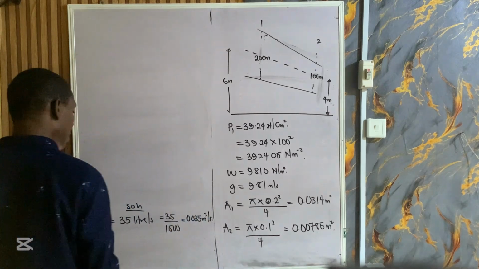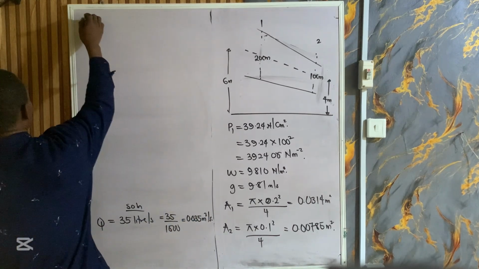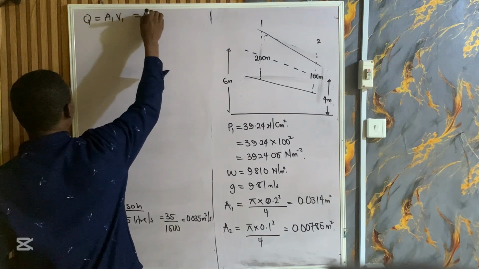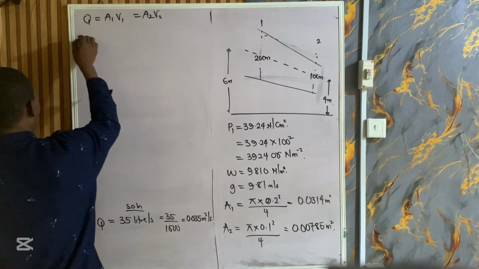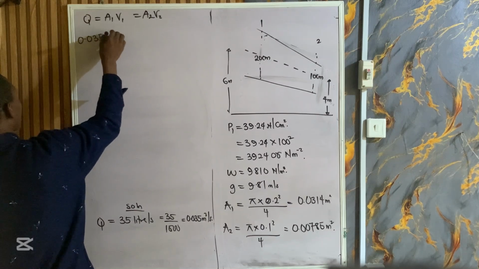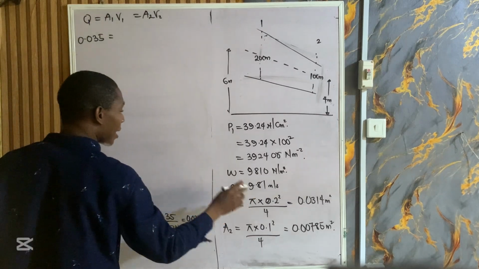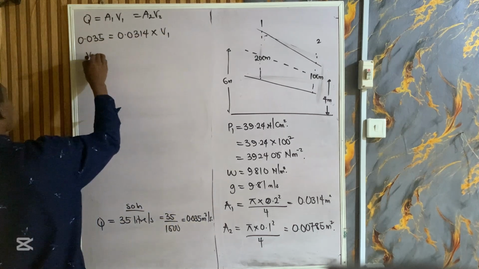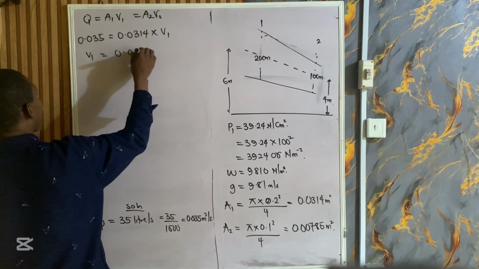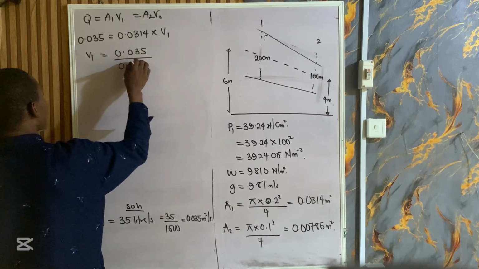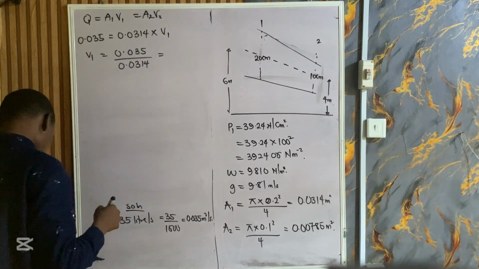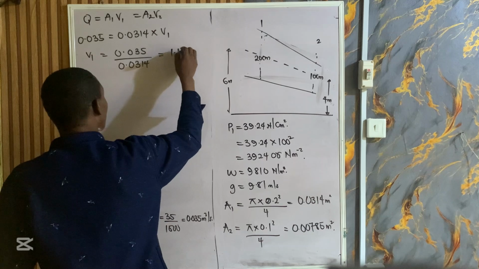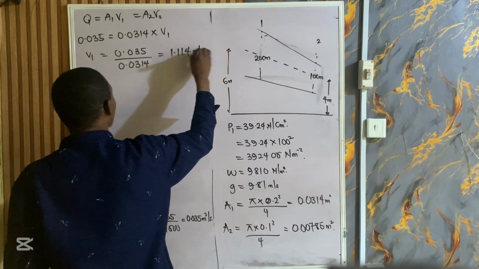Since the discharge is 0.035, Q is equal to A1 V1, which is also A2 V2. So we have our Q, 0.035, equal to A1, which we've gotten as 0.0314, times V1. We can say V1 is 0.035 over 0.0314. Simply, this will give us V1 to be 1.114 meter per second.